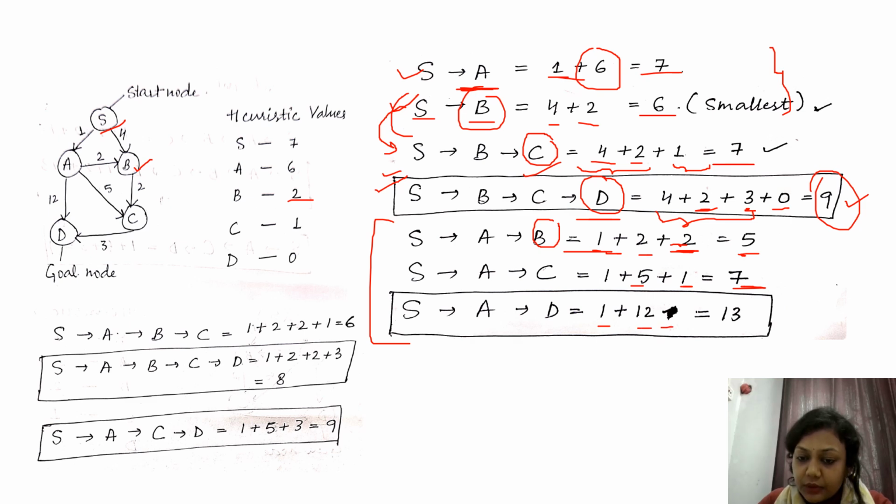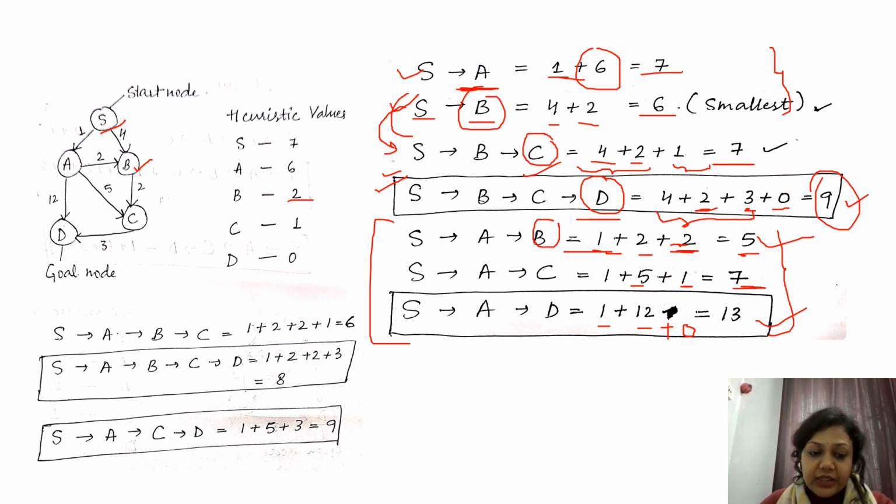Here I have forgotten it, sorry. The heuristic value for D will be plus 0. Now the total answer for this path will be 13. Now among these we have to choose, using the heuristic, which is the minimum to explore further. So as we can see, S to A and A to B is giving the minimum value, that is 5. Now we will explore this path.